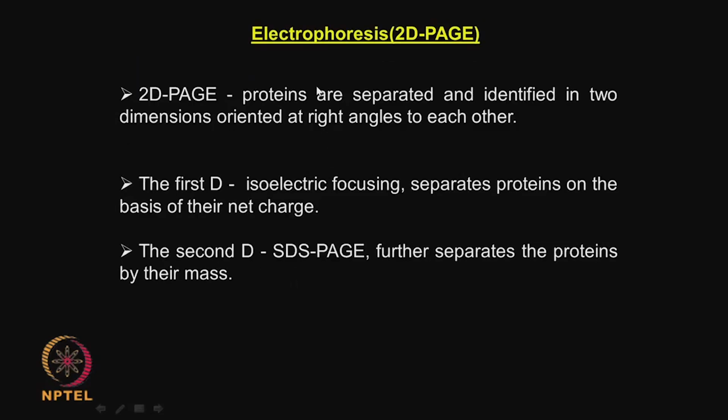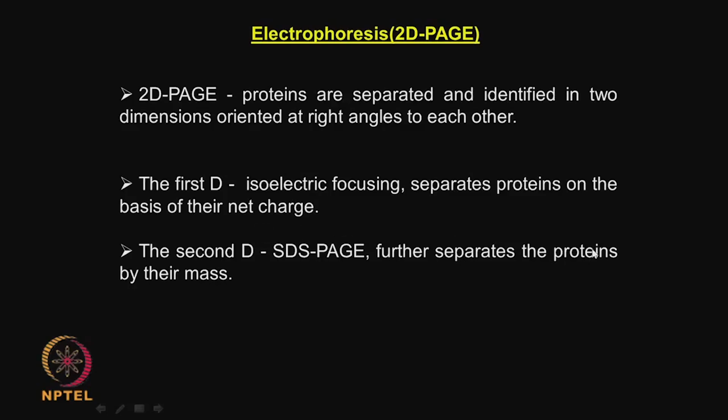We talked about one dimensional electrophoresis, now you have two dimensional electrophoresis. The proteins are separated at right angles to each other in two dimensions. The first dimension could be isoelectric focusing, that means you separate the proteins based on their net charge. The second dimension could be based on their mass.